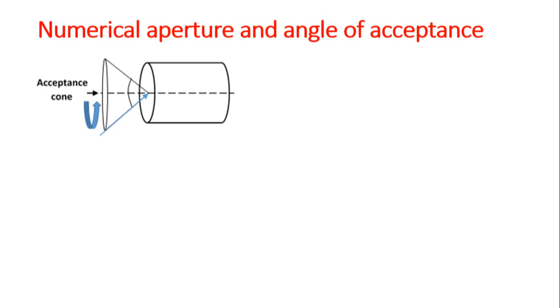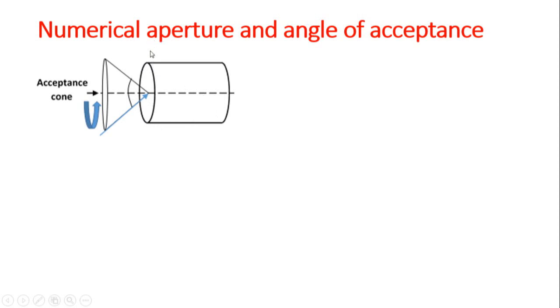Next we will look into the numerical aperture and angle of acceptance. Numerical aperture and angle of acceptance are conditions for the gathering of light through an optical fiber. In the figure you can see a cylindrical region called the core, and the dotted line at the center of this cylinder is called the axis of the fiber.